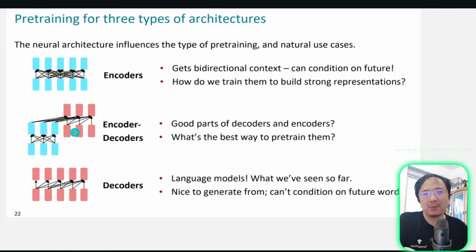It will increase the complexity of training, but the right application for this one is probably translation, because you have an encoder and a decoder. Like T5, I think, is an encoder-decoder architecture for pre-training. One of the primary usages is machine translation.